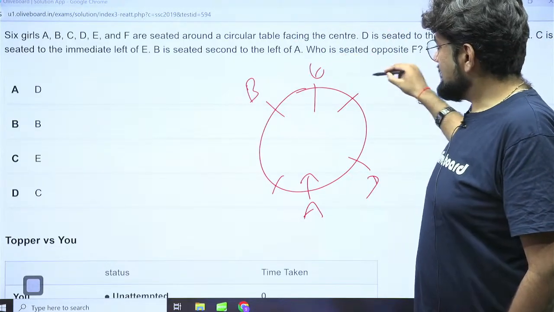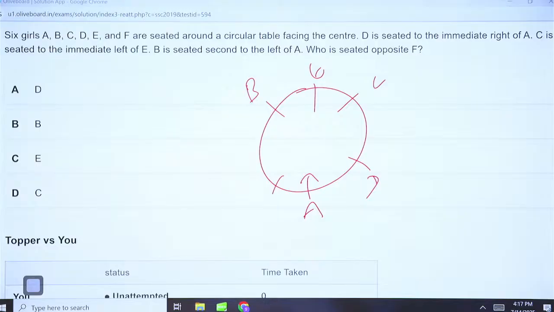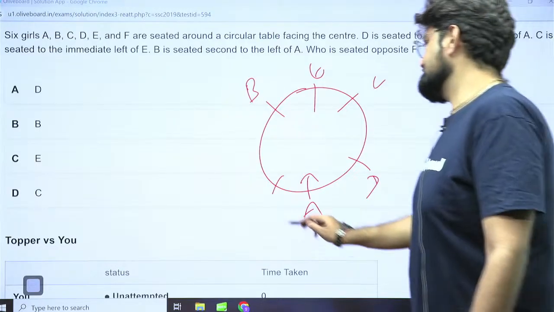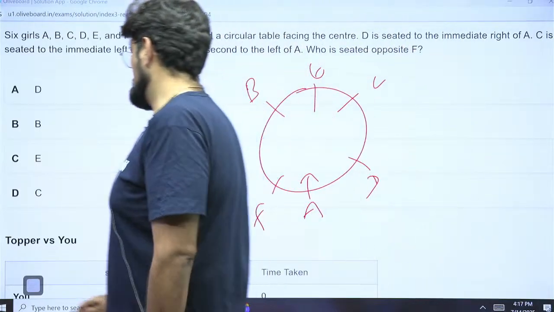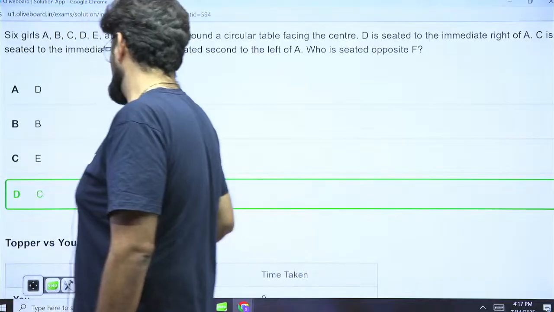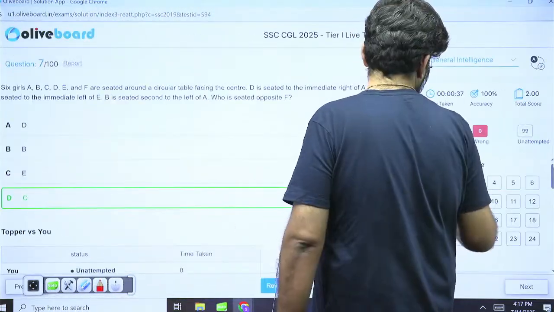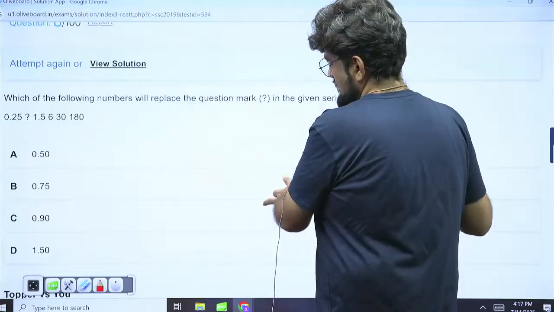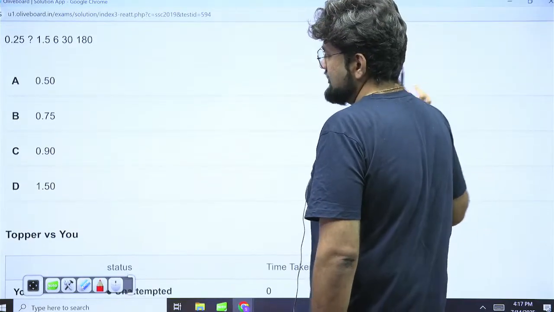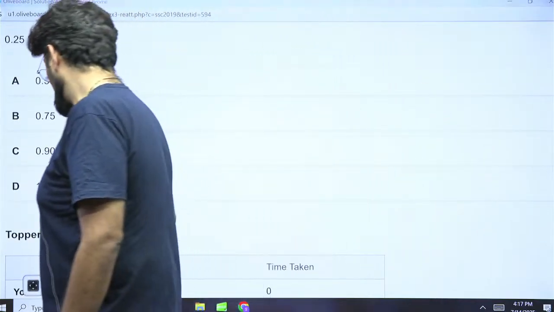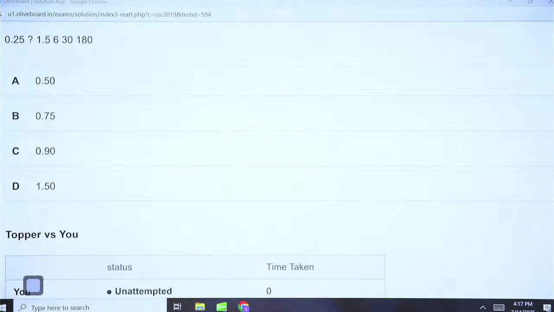E will be here and C will be here. Who is seated opposite F? So it's C. 42 seconds, not bad. But could have been faster. Very easy question. Extremely easy question.